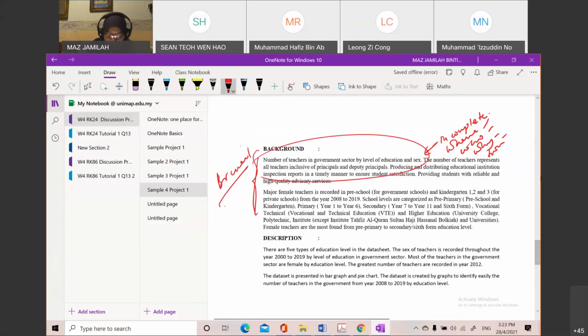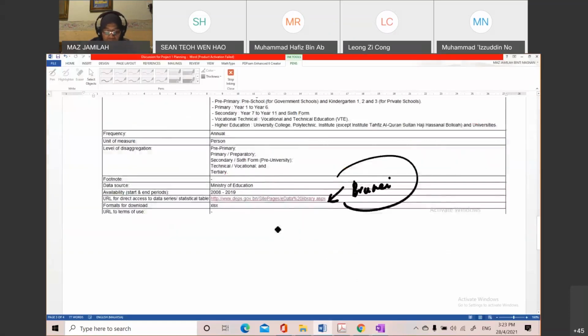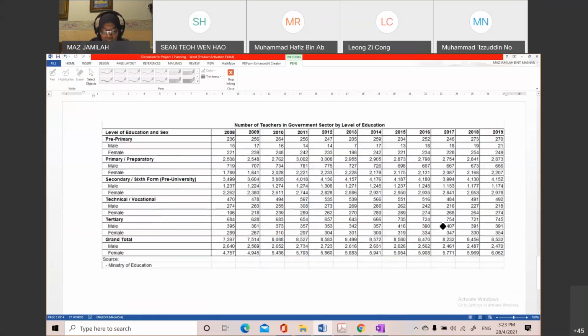What about Brunei do you need to highlight from the data that you have here? You have number of teachers in government sector by level of education: pre-primary, primary, secondary, technical, tertiary, and grand total. Here you also have a lot of data, so you have different variable types in your data set, as well as the years for your data.